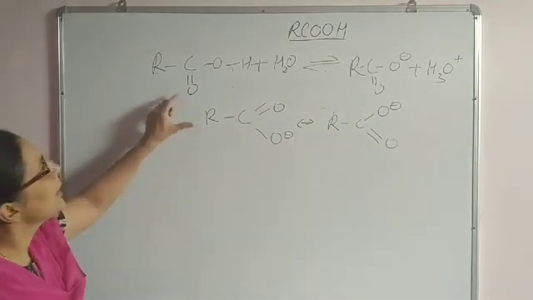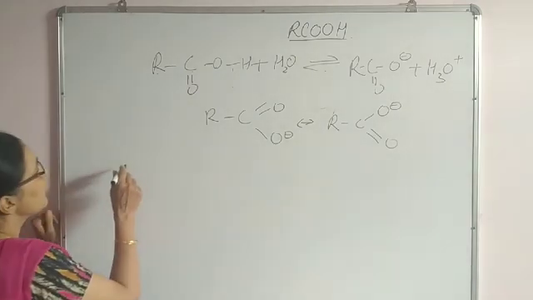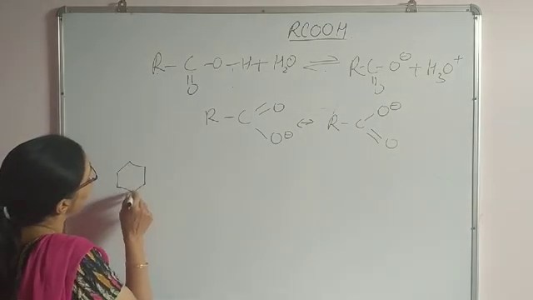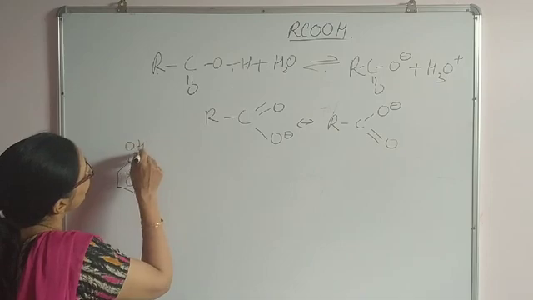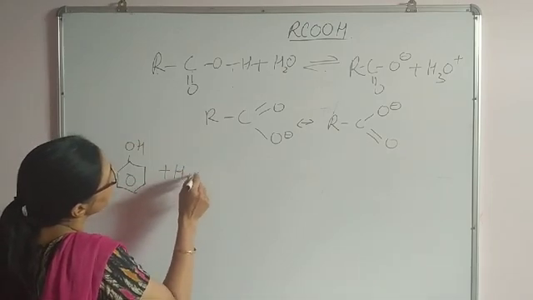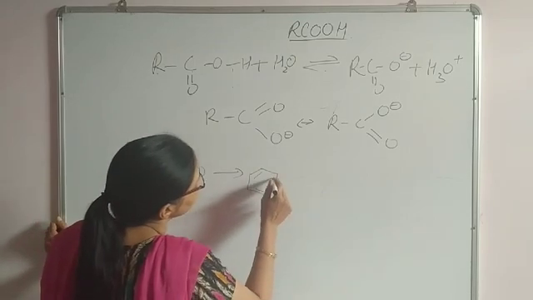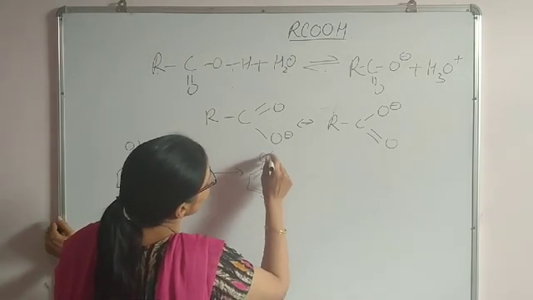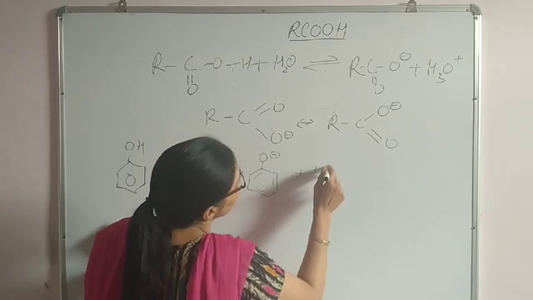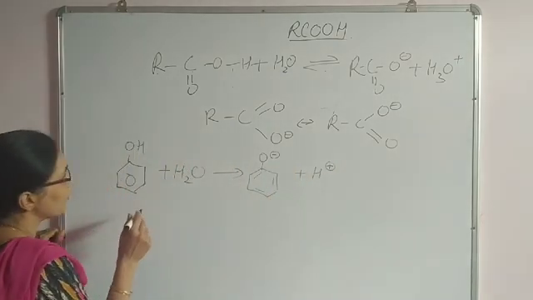Suppose we compare carboxylic acid with phenol. Phenol, when treated with water, also forms the phenoxide ion and H plus. This phenoxide ion is also quite stable.